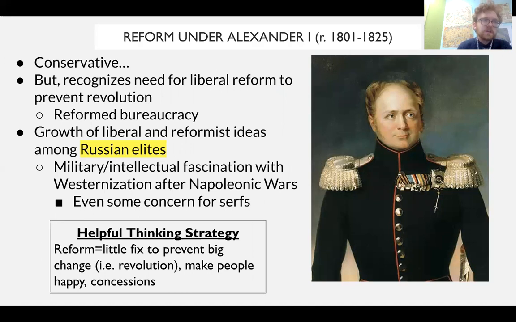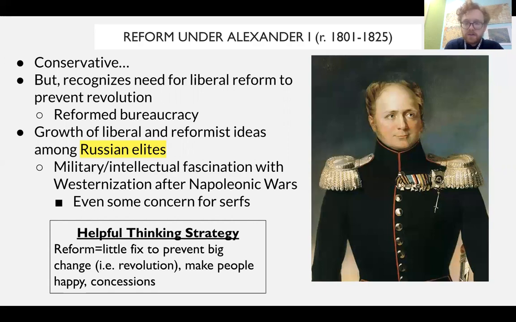So we are going to see some attempts to reform the Russian Empire, mostly to stay competitive with places like France and Great Britain. So we are going to see an increased concern for Russian national defense. Clearly, we need to westernize to defend against industrial countries.